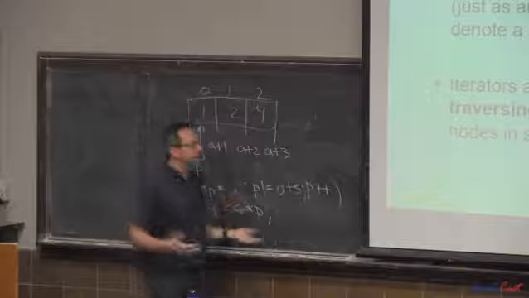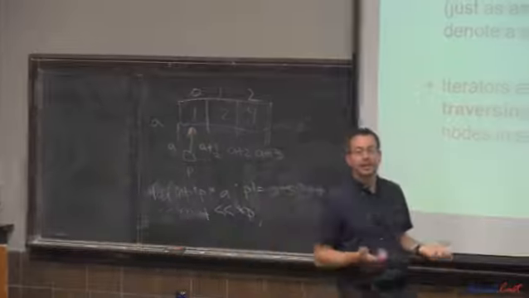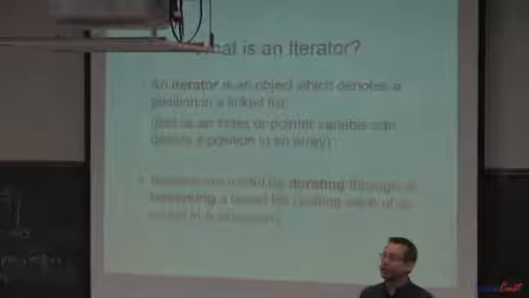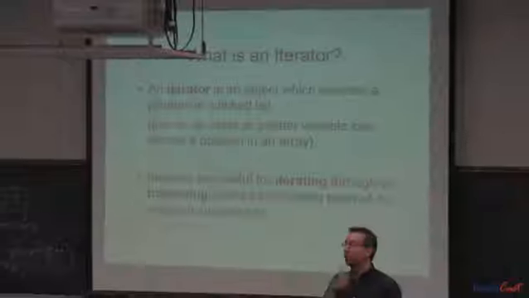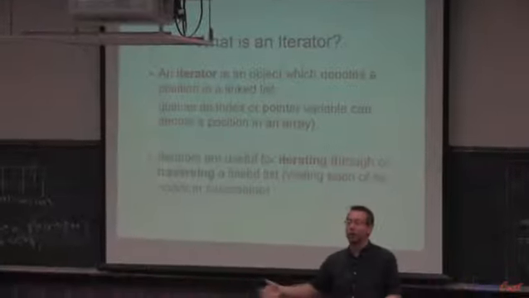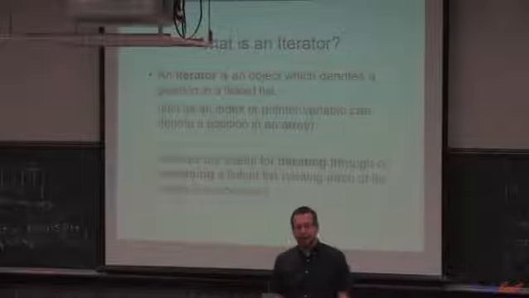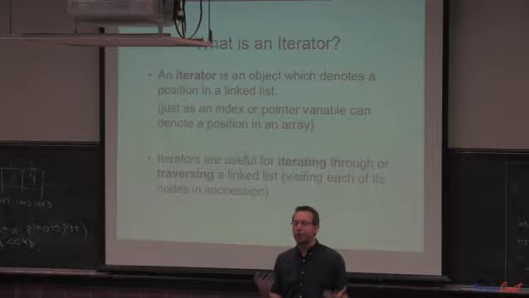But with the linked list, what can I use? I can use something called an iterator. I could also use a node pointer to keep track of where I am, like a node pointer, say, called i or current. But remember, pointers are dangerous. And we don't want to give the user of our linked list too much flexibility as to where we can assign pointer variables to go.